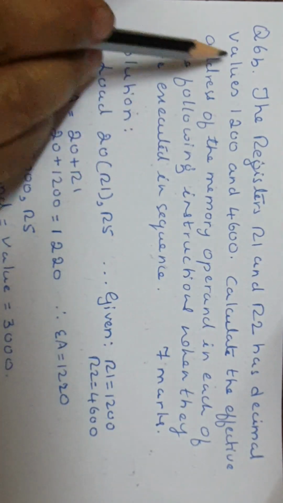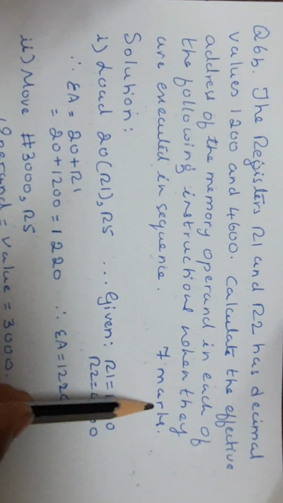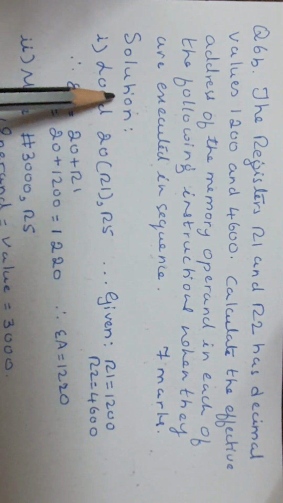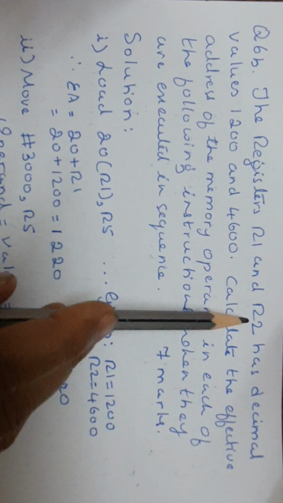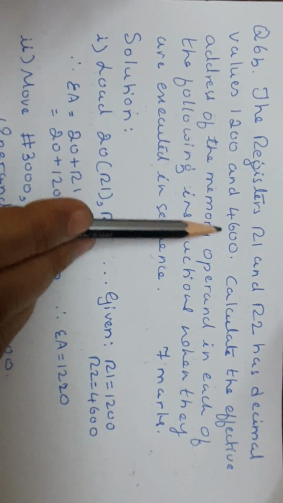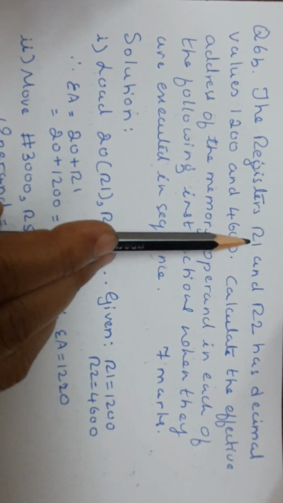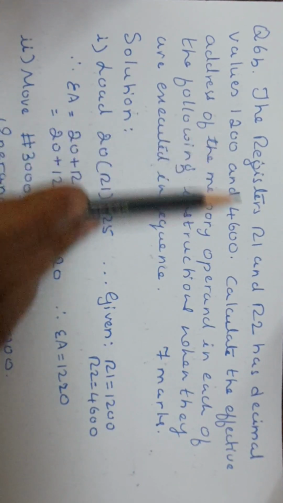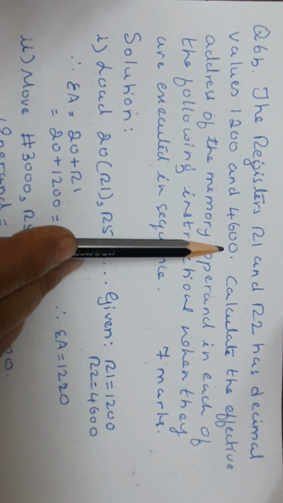Question number 6a carried 8 marks and 6b is carrying 7 marks. So what is given in the question? In R1 and R2 registers of the processor, 1200 and 4600 are stored respectively. Means in register R1 1200 is there, in register R2 4600 is there.